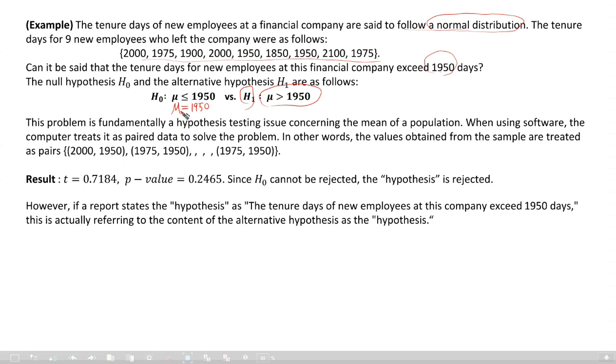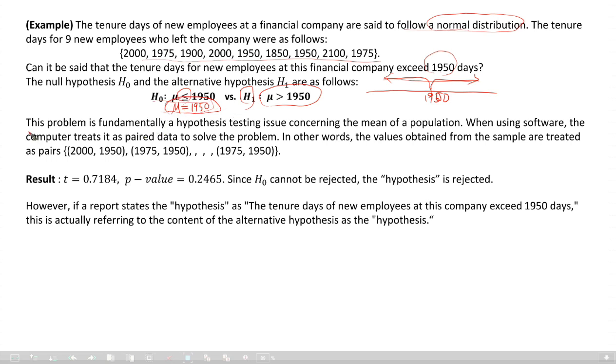That is okay, but in theory, the parameters cover all real values: greater than 1950, and the other one is less than or equal to 1950, covering all real numbers. That's why the inequality form is for theory, for formal use, but many people just say equal to 1950.